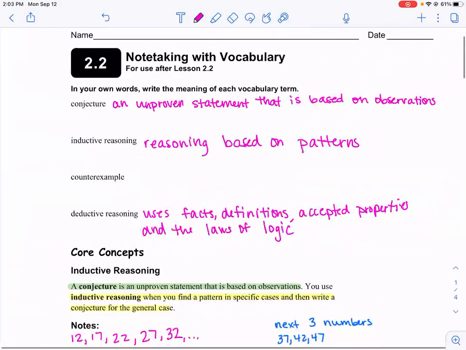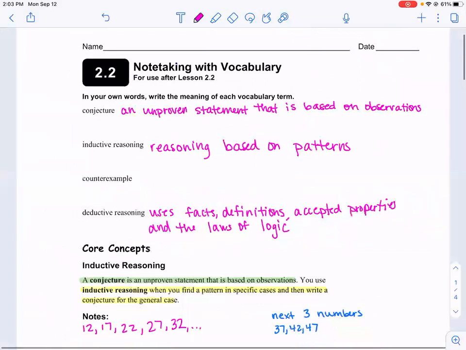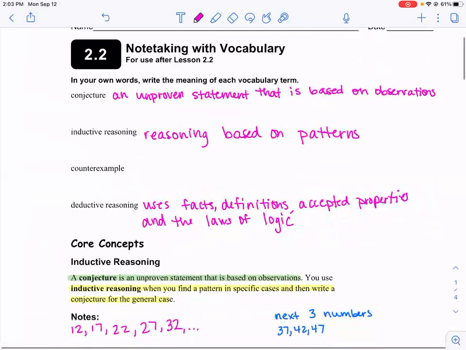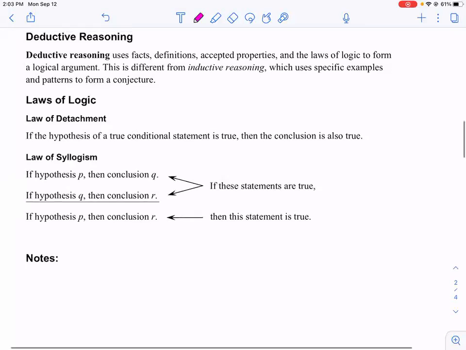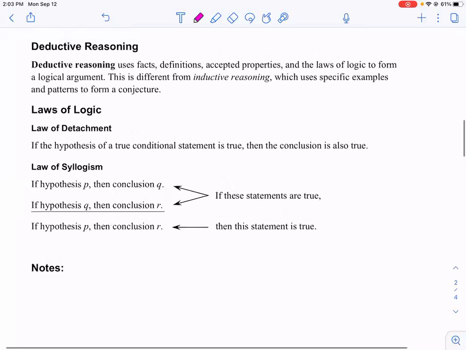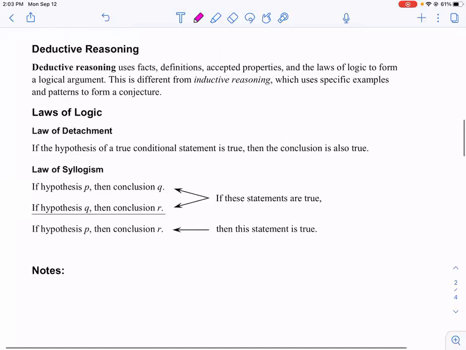Okay. Let's talk about some of our deductive reasoning logic laws. Okay, turn the page. So here are our laws of logic. So we just talked about deductive reasoning.